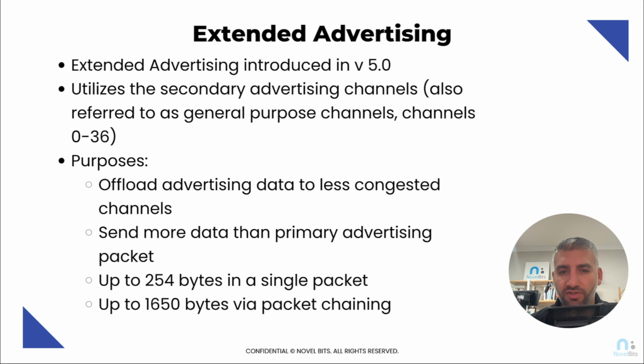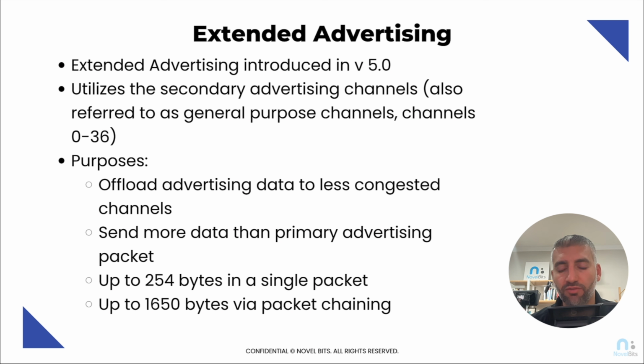The channels 37, 38, and 39 are very congested because there are a lot of Bluetooth Low Energy devices everywhere around us, and even phones and beacons, and in many cases they actually stay in the advertising state, so they keep occupying 37, 38, and 39. So that means that it leaves little room for other devices to play nicely, and it causes some issues.